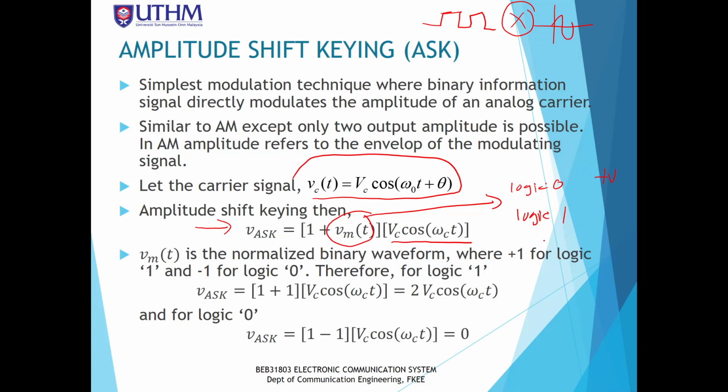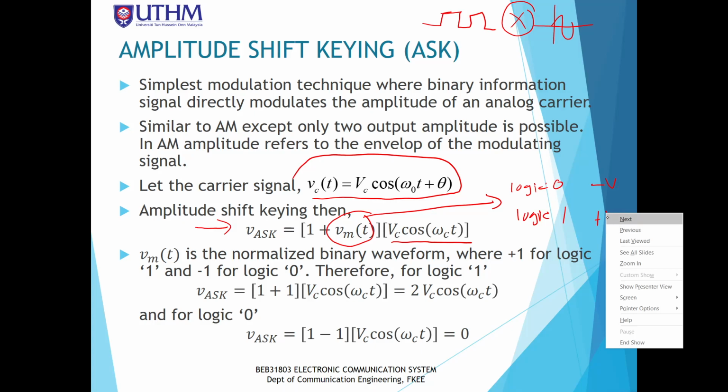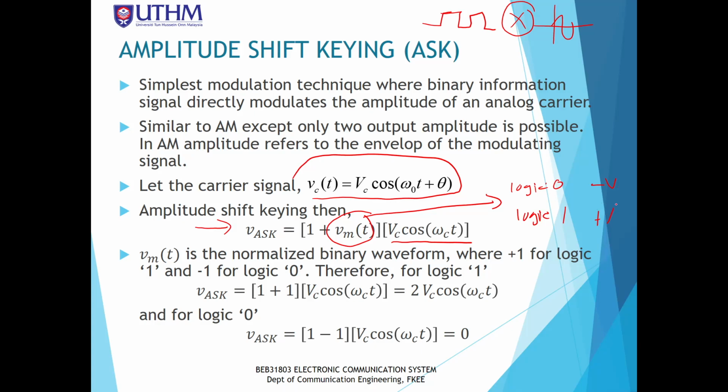Logic 0 is defined as negative voltage, and logic 1 is represented as positive voltage. So positive 1 or negative 1. In this equation only this parameter will change the output.